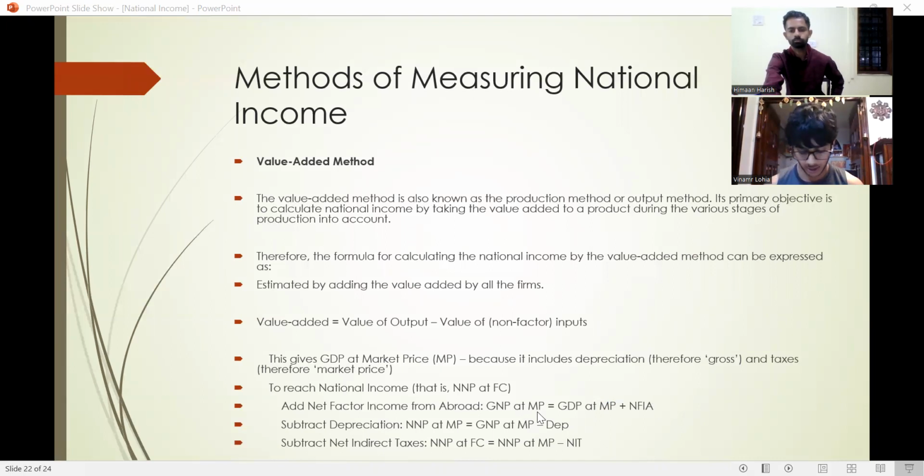So GNP at MP equals GDP at MP plus NFIA.